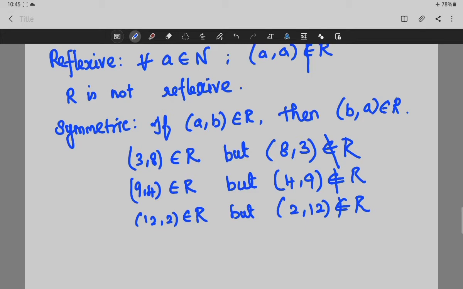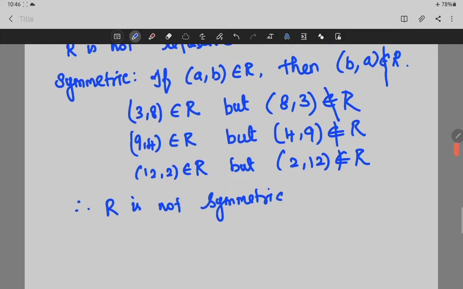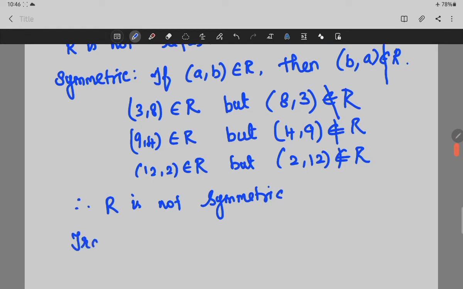If (A, B) belongs to R, then (B, A) does not belong to R. We are getting that the symmetric condition is not satisfied for 3 ordered pairs in the relation. So we can very well say R is not symmetric.